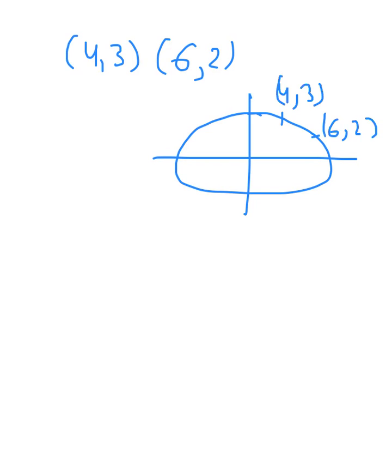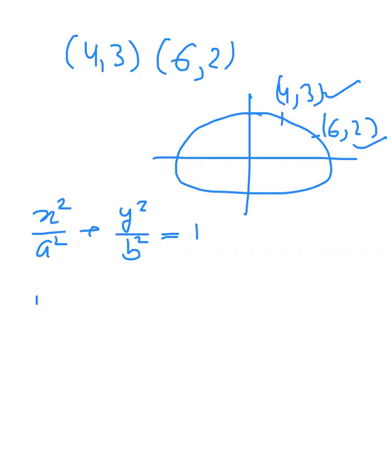When we are thinking about this situation, the equation of such an ellipse is x square upon a square plus y square upon b square equals 1. Now, once we put these points, we will be getting two equations.